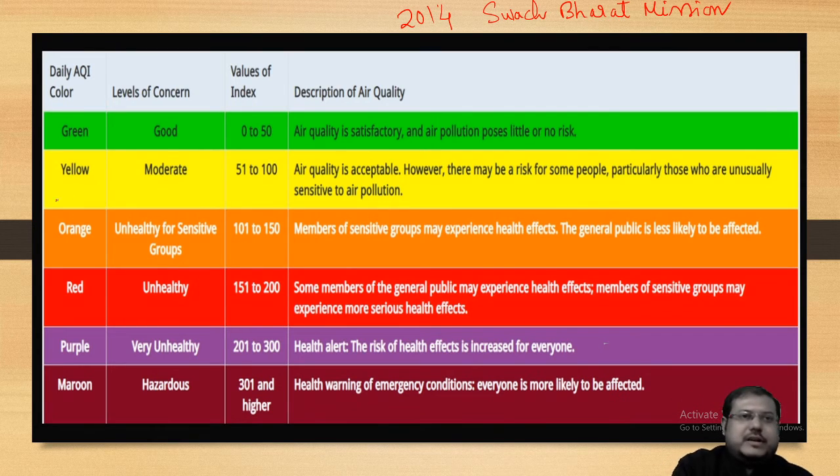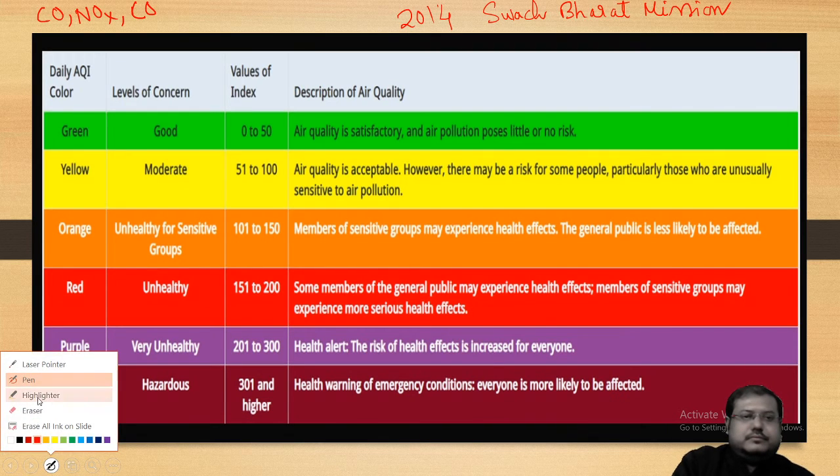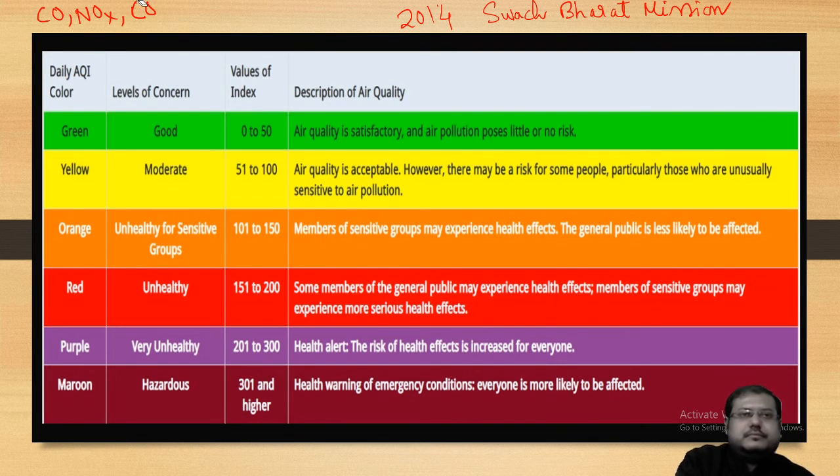What are the 5 pollutants they are considering? Apart from lead, every criteria pollutant: CO, NOx, sorry, SOx, ozone, and PM. These 5 they are considering.